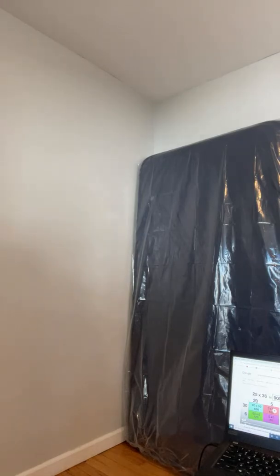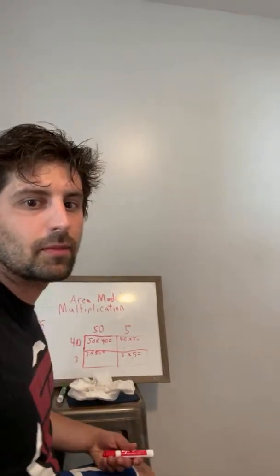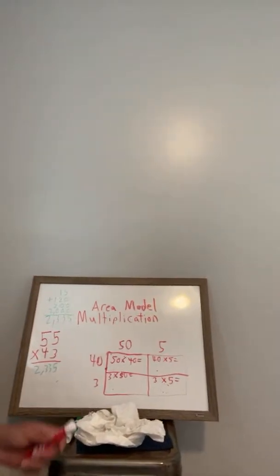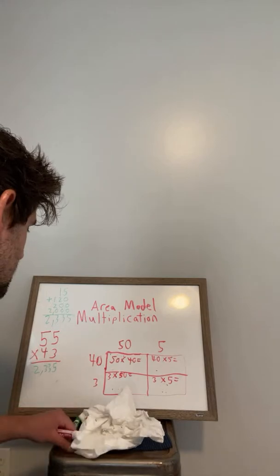Forty times 5. 3 times 5. Alright, so that's, just look it up on the computer. So again, all the math was right, but I had multiplied the wrong numbers.